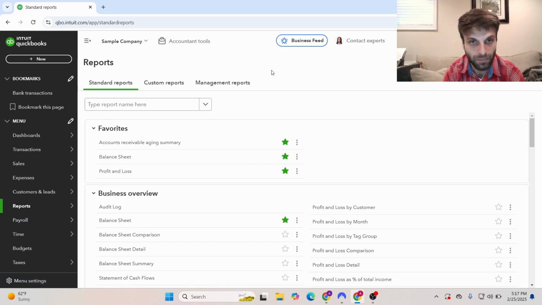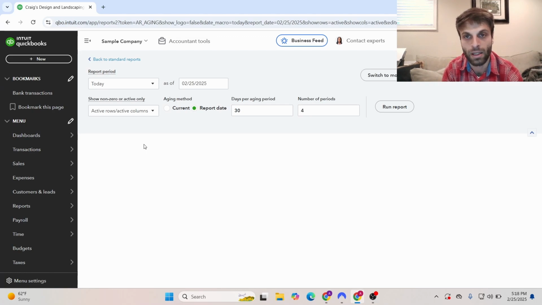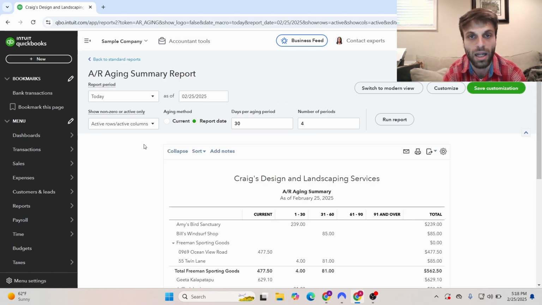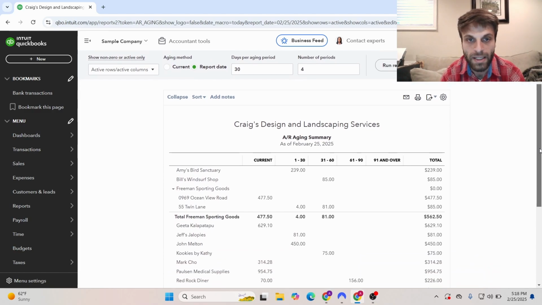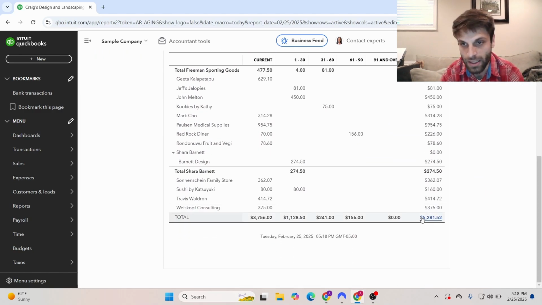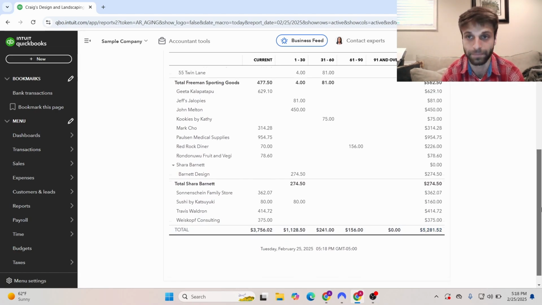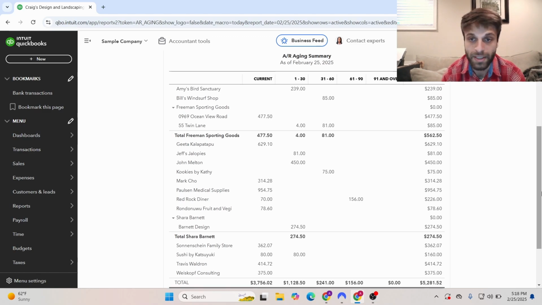We'll go back here, and yeah, I think we talked enough about the profit and loss statement for right now, but we'll look at the accounts receivable aging summary. And yeah, it's pretty helpful. So we can see, first of all, if we scroll all the way to the bottom, we can see that we have $5,200, almost $5,300 worth of outstanding invoices, right?